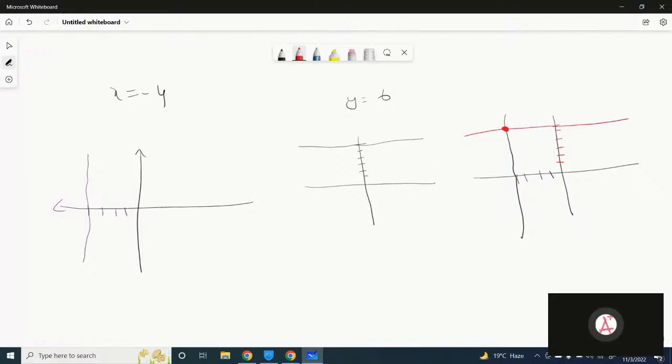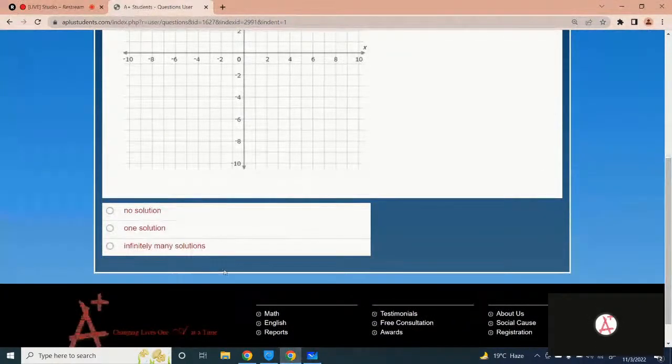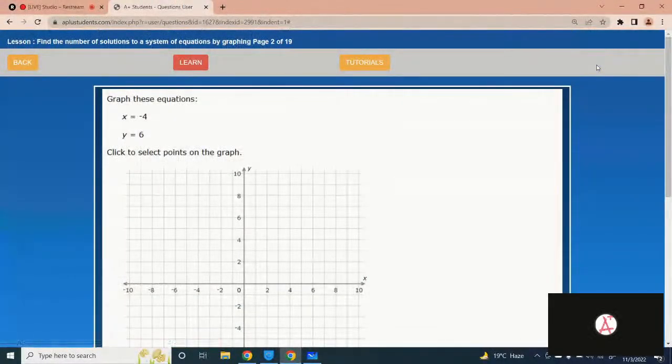That means the system has just one solution. Got it? Just select the correct option and then click on the OK button.